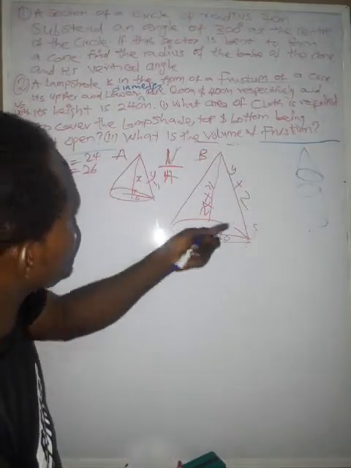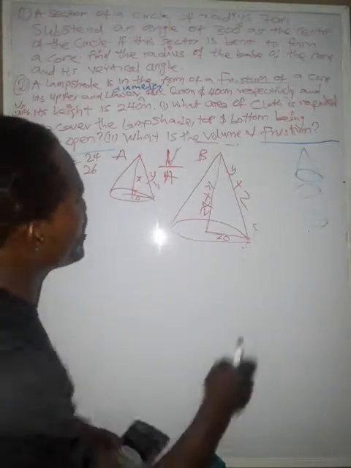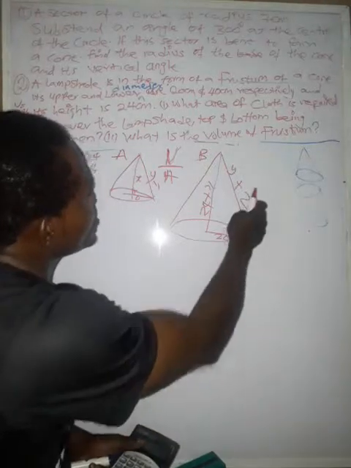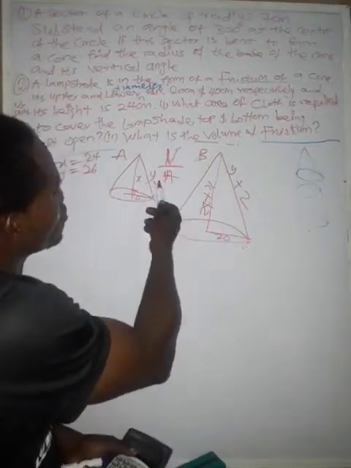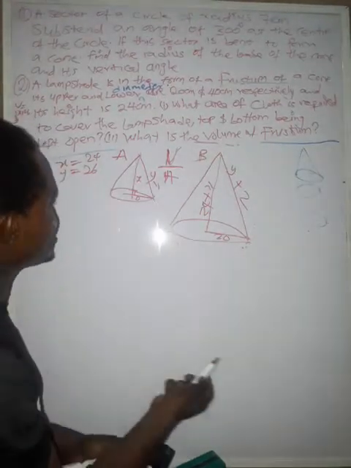So here I don't know z. I can also use a similar triangle to find what z is. Because I need z, I want to compare this and this, and I'll get the answer.